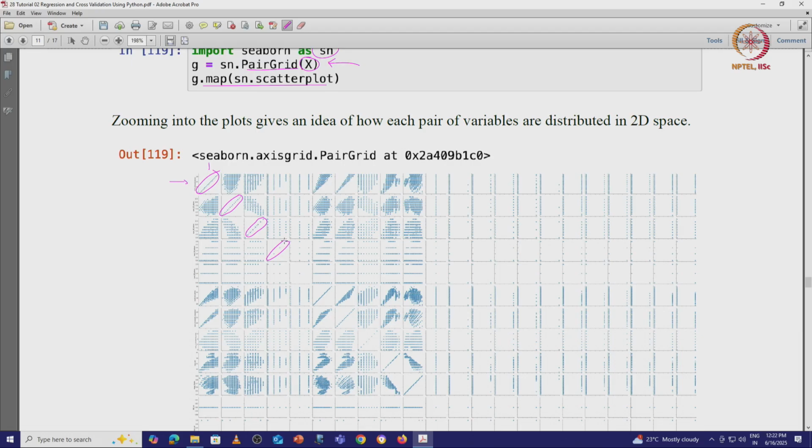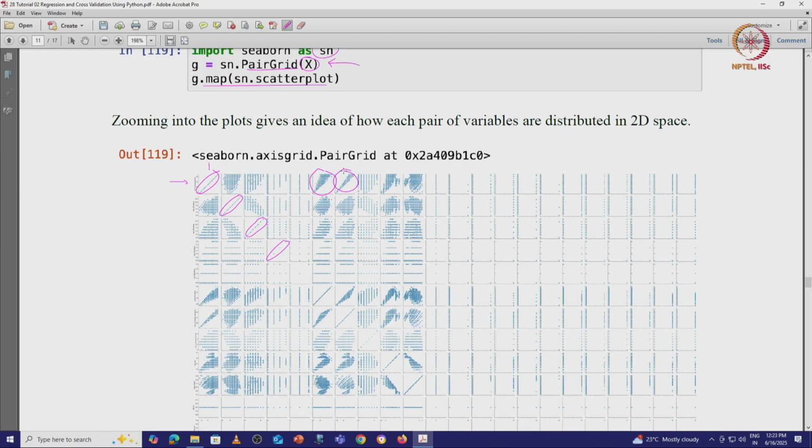That is not where things are interesting. Things are more interesting if you look at these other plots here, where some very nice patterns emerge. You can see whether two variables are negatively or positively correlated. For example, here the first variable, and this is 1, 2, 3, 4, 5, 6, the sixth feature. The first and the sixth feature are positively correlated, the first and the seventh as well.